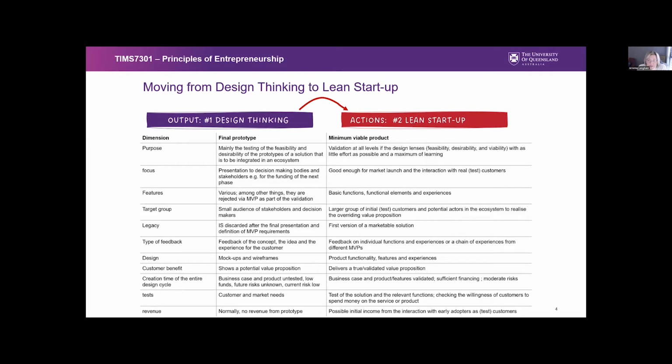Whereas in the lean startup phase, what we're looking for is some sort of product that would be good enough for a launch and an interaction with real customers, really just to test the product to make sure that the concept that you've got is actually going to work in the real world. So there's a couple of differences, but again, it's on that same spectrum and on that same process that we talked about last week.